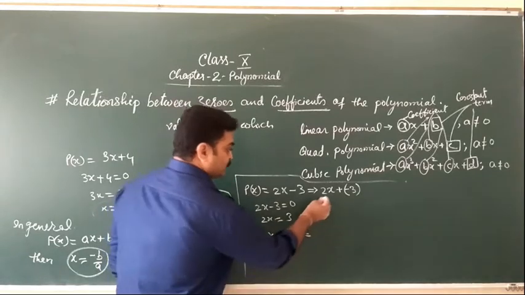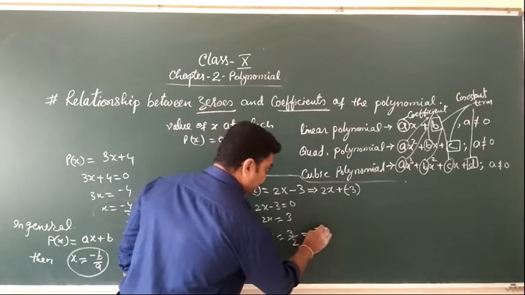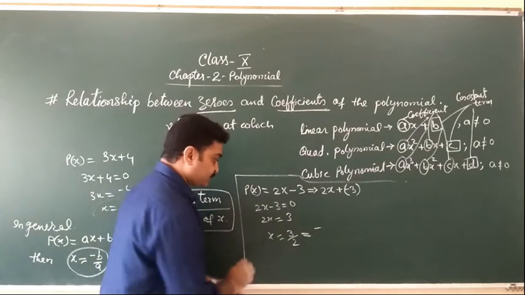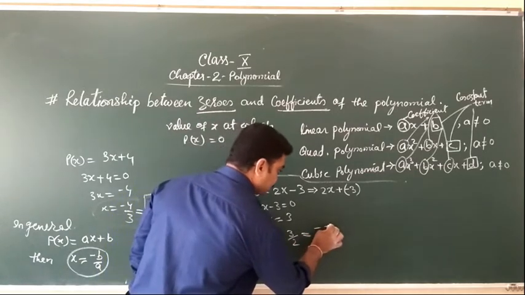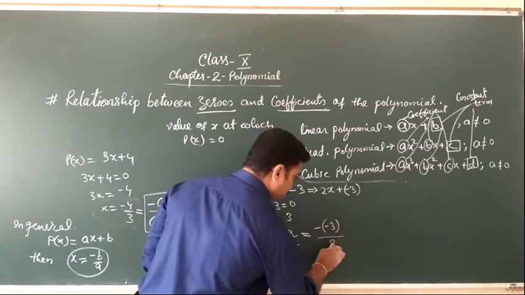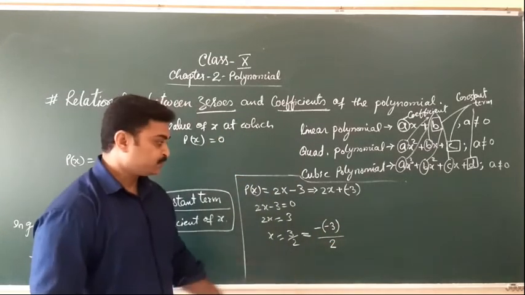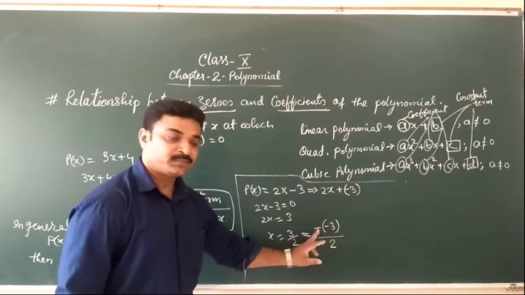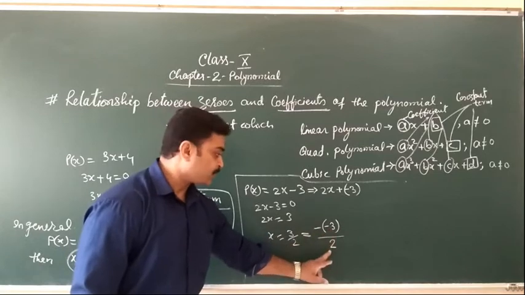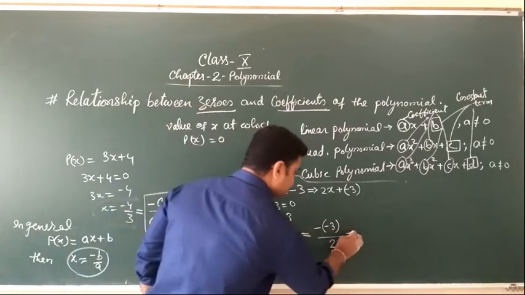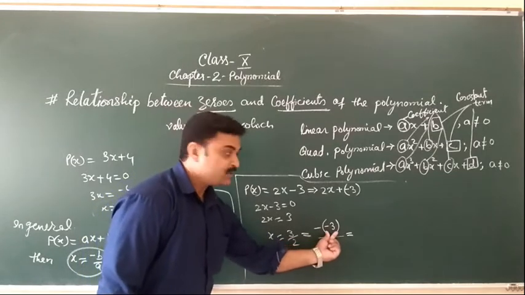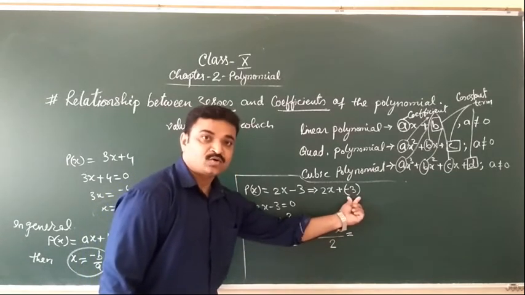So here, understand one thing, minus plus 3 can be written as minus 3 upon 2. And what is this? This minus 3 is the constant term.